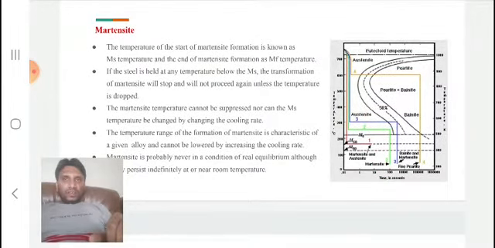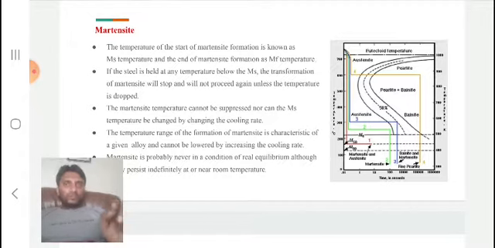We can see in this figure the first curve from the left side is the transformation starting curve, and the last curve, that is the extreme right C curve, is the end of the transformation.